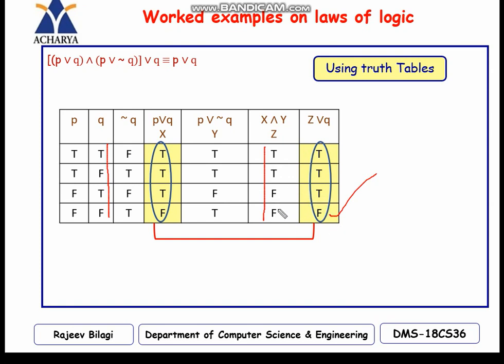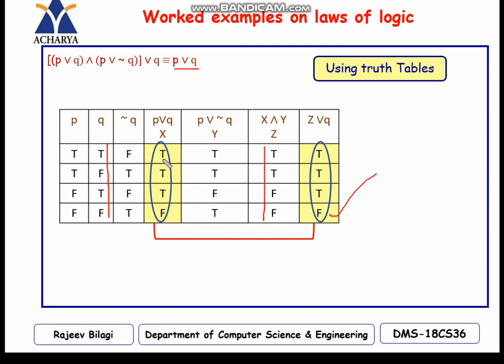If you look at these values, Z ∨ Q, and the P ∨ Q values, which I have circled here, both the values are the same.